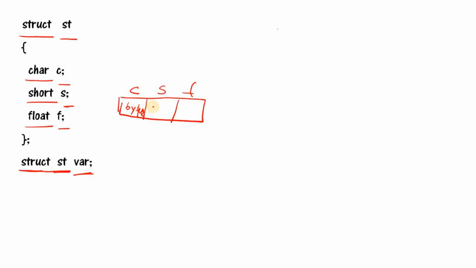1 byte. Short, 2 bytes. Float, 4 bytes. Total 7 bytes. Total 7 bytes of memory will get allocated to this variable var.